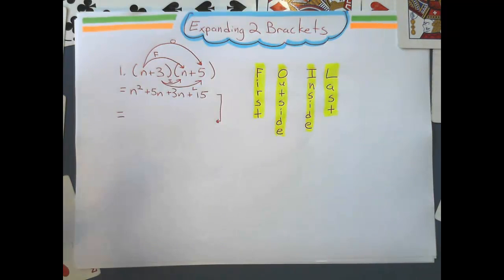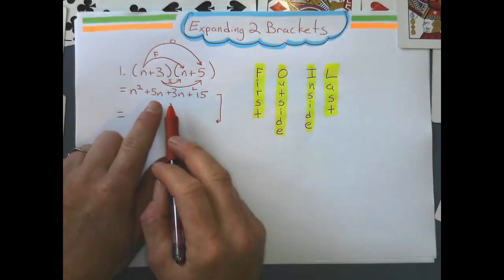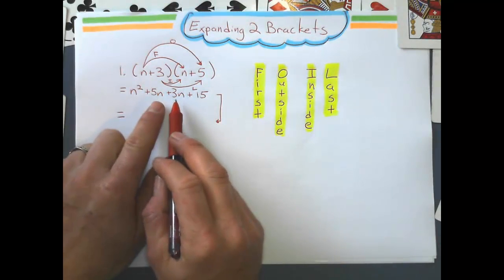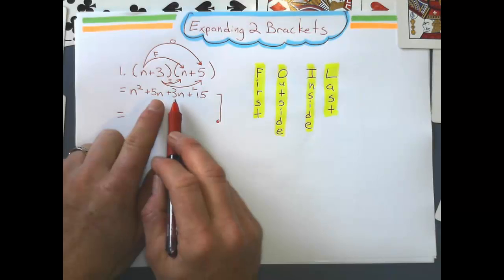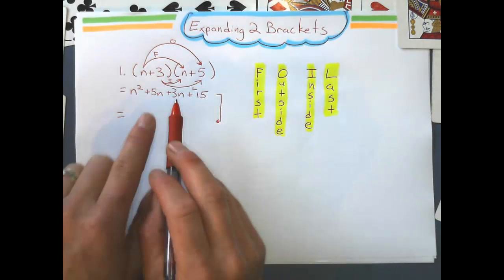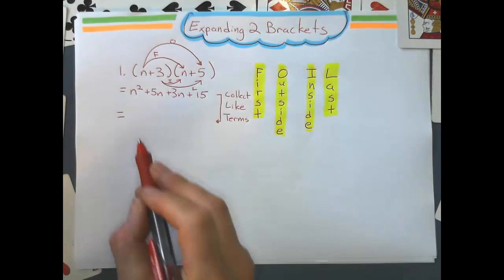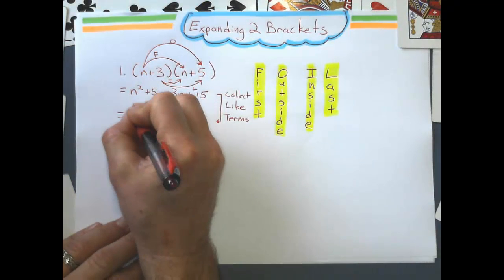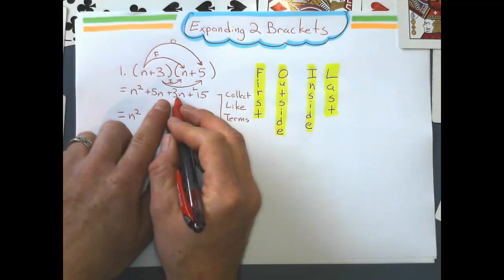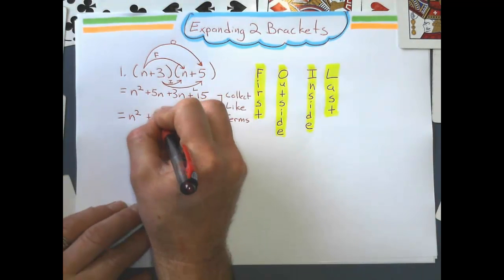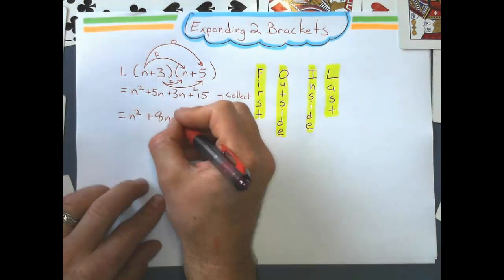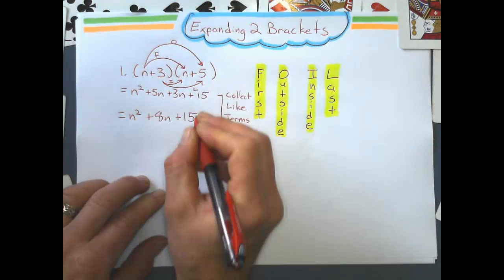Now what we're going to have in these problems is sometimes, not always, but usually, these middle two terms we can collect. So we're going to collect like terms right here, because 5n and 3n are like terms. When I do that, the n squared is still by itself. 5n plus 3n gives me 8n, and the positive 15 is still by itself as well.